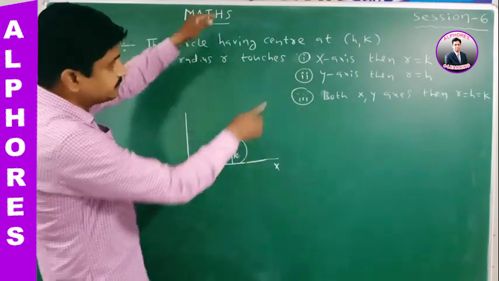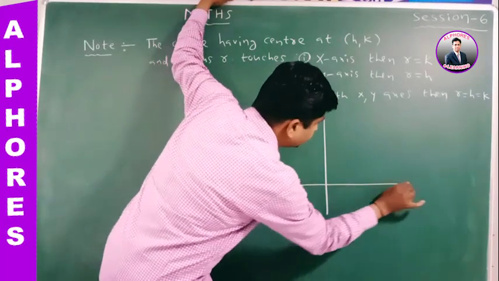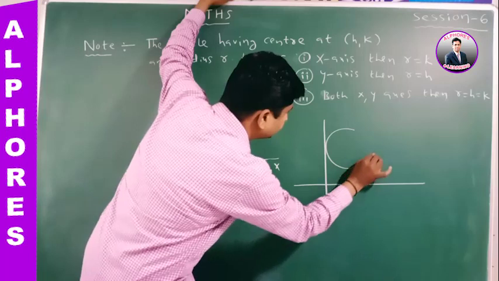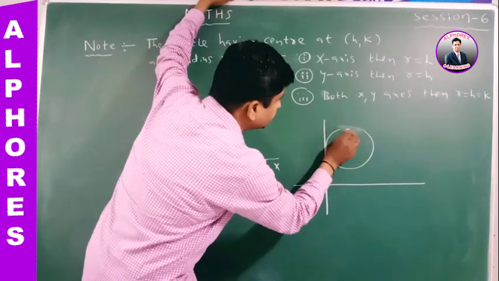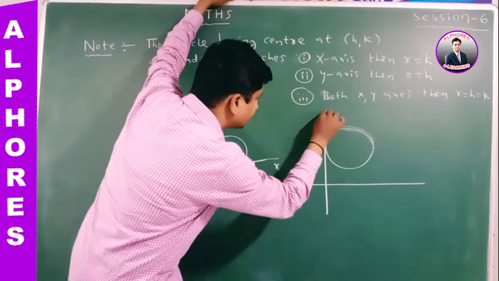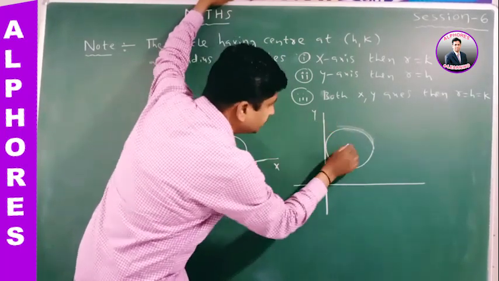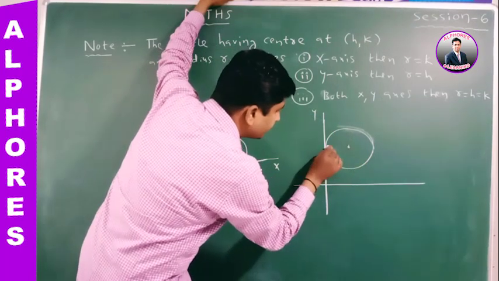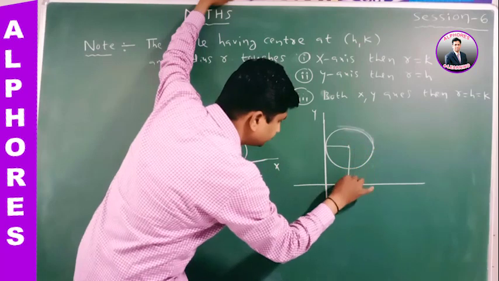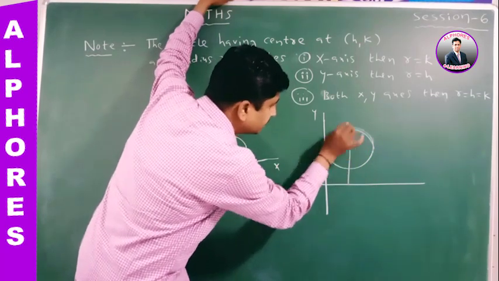Okay. Next, another point. If the circle touches the y-axis, then this point is (h, k).